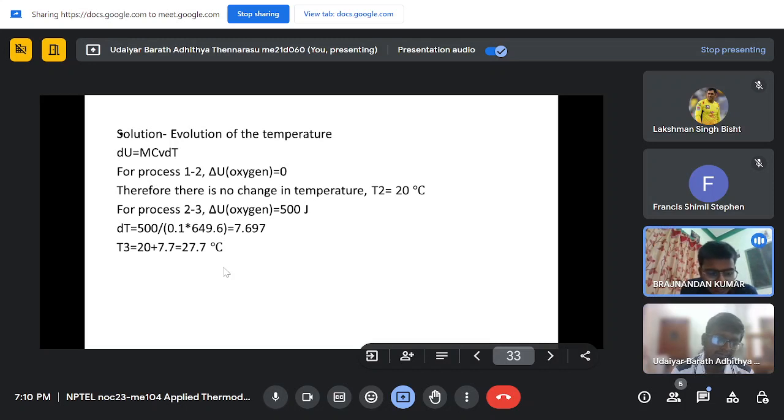Like, the container is rigid and thermally insulated. So the internal energy of the oxygen will not transfer outside, but the kinetic energy of the system. In what form can it go out? In the form of heat.